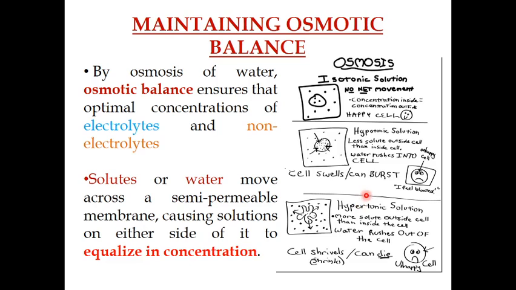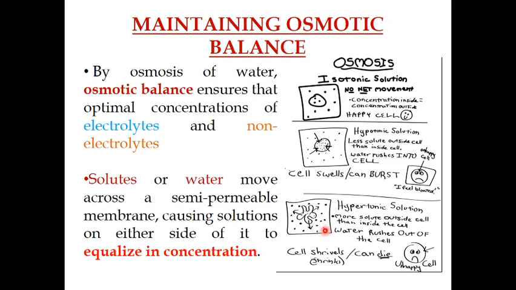And another condition is called a hypertonic solution. In that case solute concentration is more, so definitely water concentration is less, right? So in that case what happens, water from the cell comes out, because outside there is a very high amount of solutes.